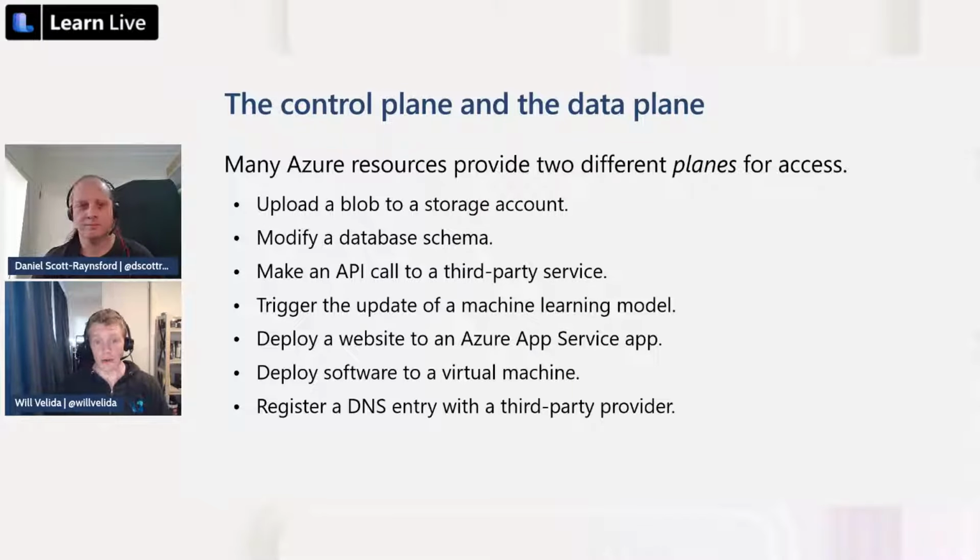However, in our workflow, we often need to do more than just interact with the control plane. For example, we might need to upload blobs to storage accounts, modify database schemas, make API calls to third-party services, deploy websites to Azure App Service, or register DNS.